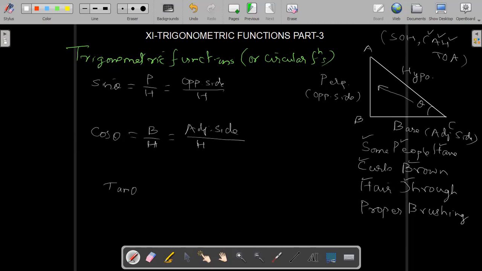Tan theta is equal to P upon B, perpendicular upon base.